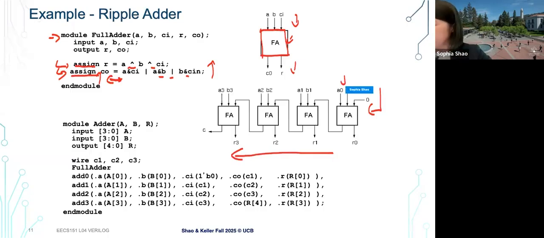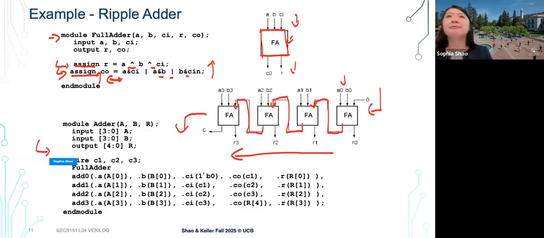But here you see the carry. I will ignore other signals, but you see the carry is going step by step and being propagated through the different full adders at different bit positions, right? One thing, very importantly, you always want to see the semantics of your circuit first, right? What you want to build, and the Verilog language is just a language to describe the circuit.